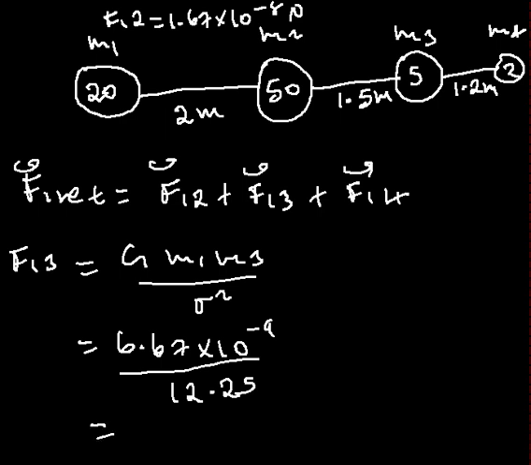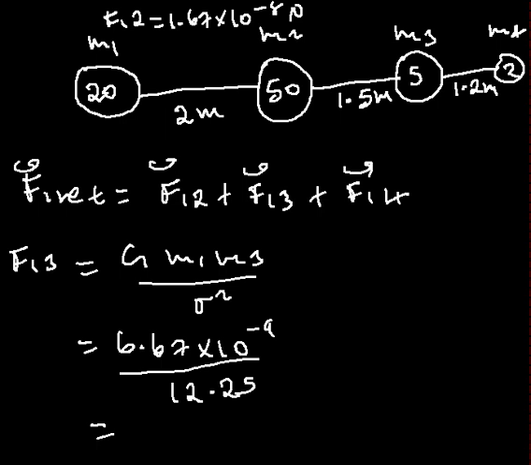And now we should have 6.67 times 10 to the power negative 9, divided by 12.25.